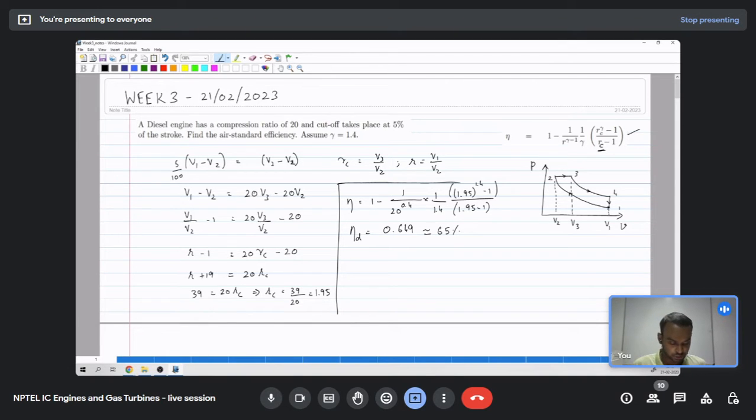Now we see the compression ratio of 20 is very high when compared to an Otto cycle. We can just compare how Otto cycle efficiency would have been if we have a compression ratio of 20. For the Otto cycle we have 1 minus 1 by r power gamma minus 1, so that is 1 minus 1 by 20 power 0.4.